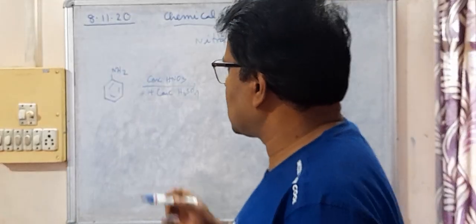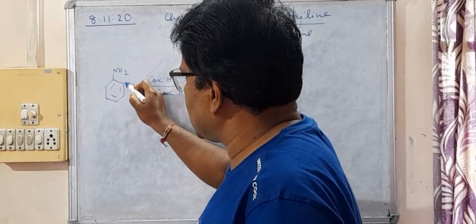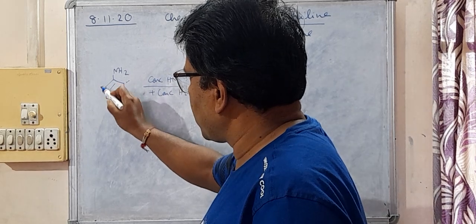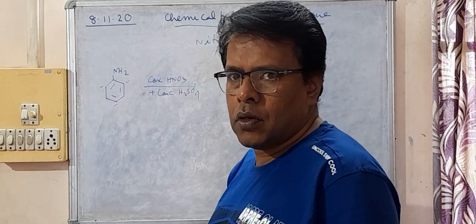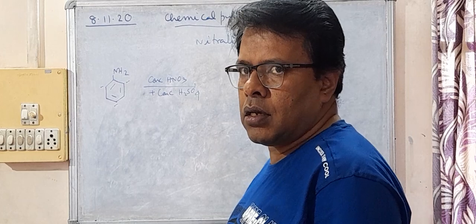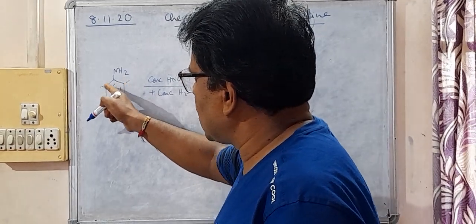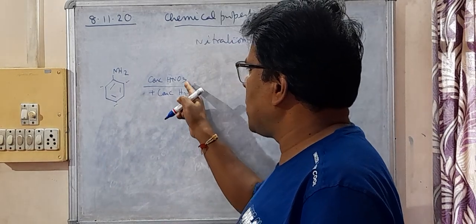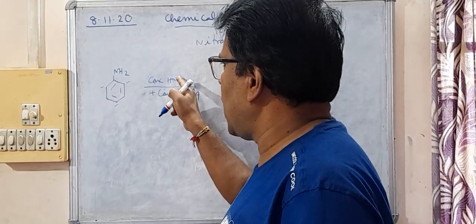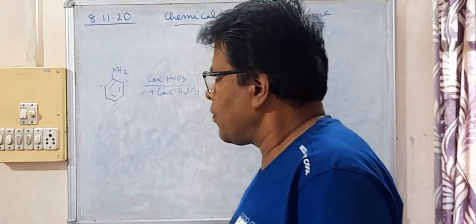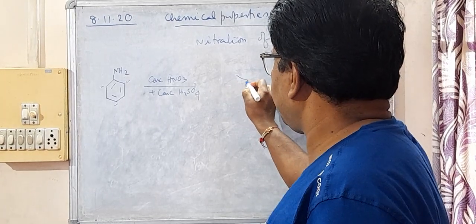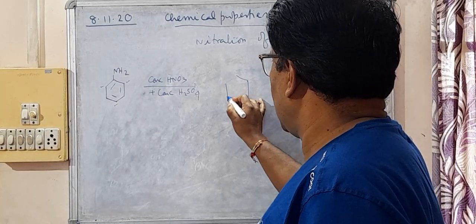Now, since there is more electron density at the ortho and para positions, which we have already seen in resonance, we expect the NO2 group to come at ortho and para. So we will get the ortho product.